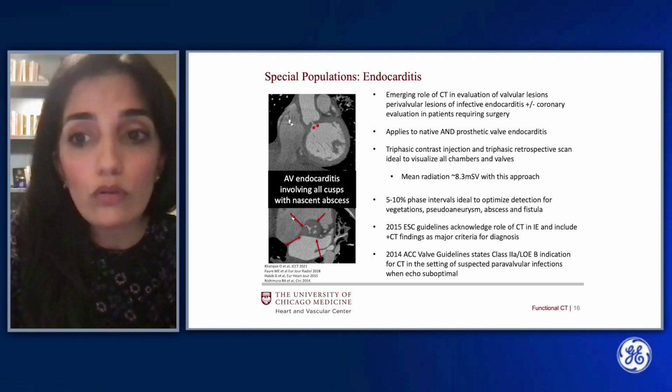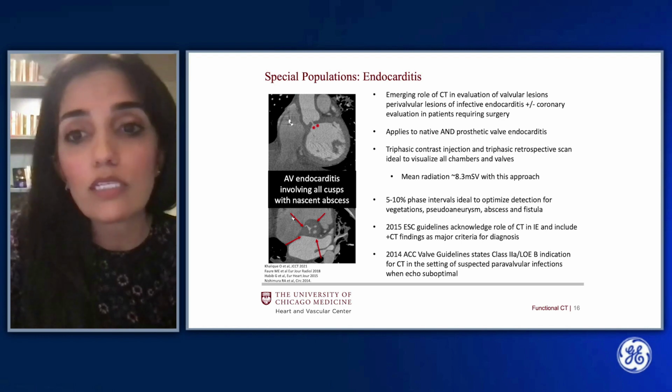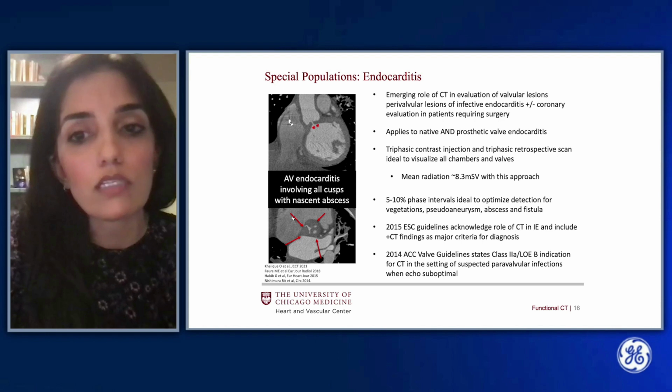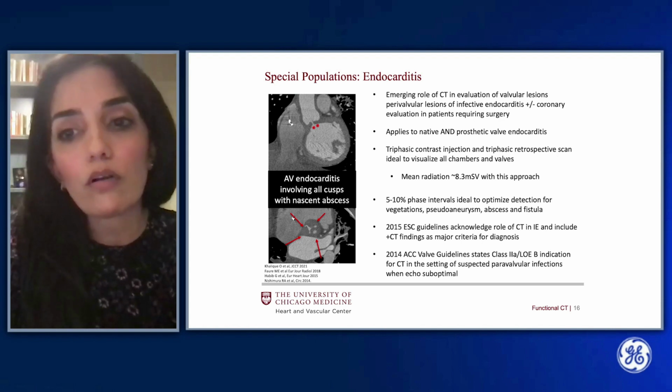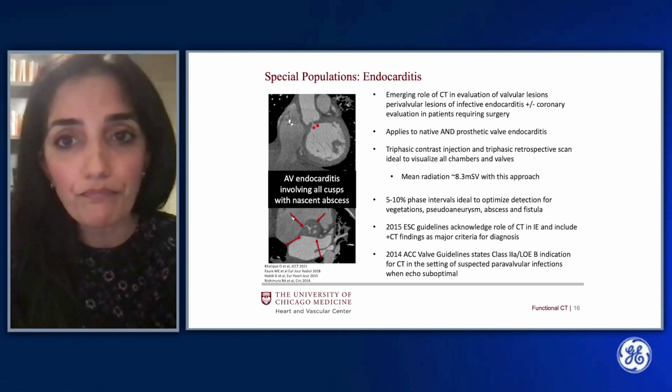The role of CT in the multimodality evaluation of endocarditis is now formally recognized by cardiology societies, with the European guidelines acknowledging CT-based findings of endocarditis as a major criterion for diagnosis, and the 2014 ACC valve guidelines stating a class 2A indication for CT in the setting of valvular or paravalvular infections when echo imaging is suboptimal.